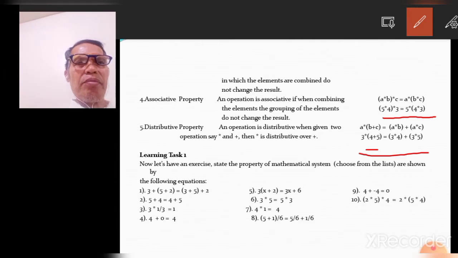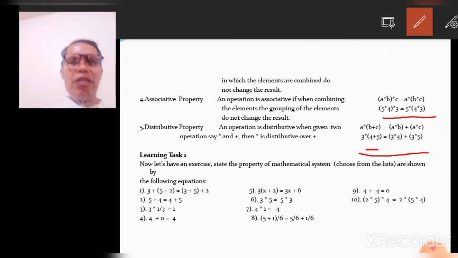Now in the right side, 3 times 4 is 12 plus 3 times 5 is 15. Adding the two, 12 plus 15 is 27. So therefore, 27 equals 27. So it means that an element outside the quantity distributed to all the elements inside the quantity does not change the result. Okay? So those are the properties of the mathematical system.